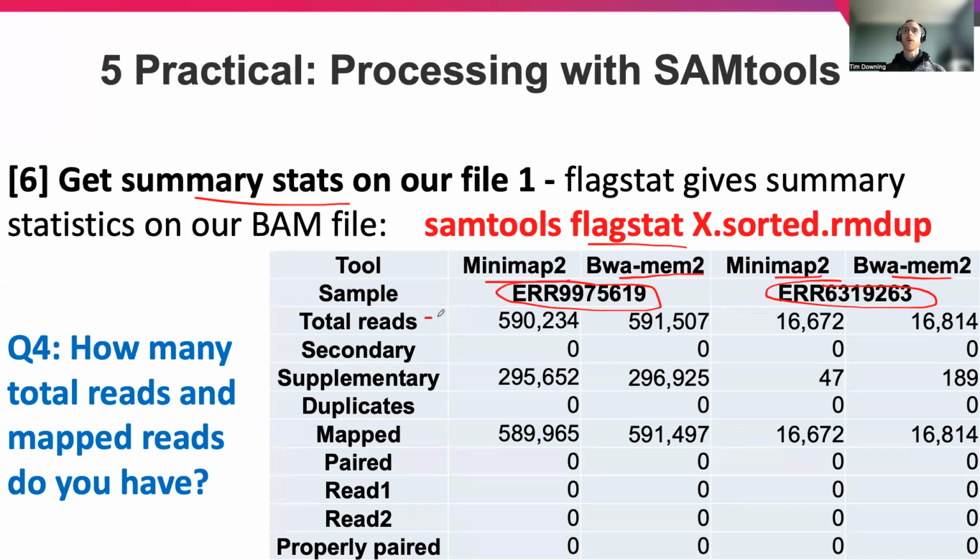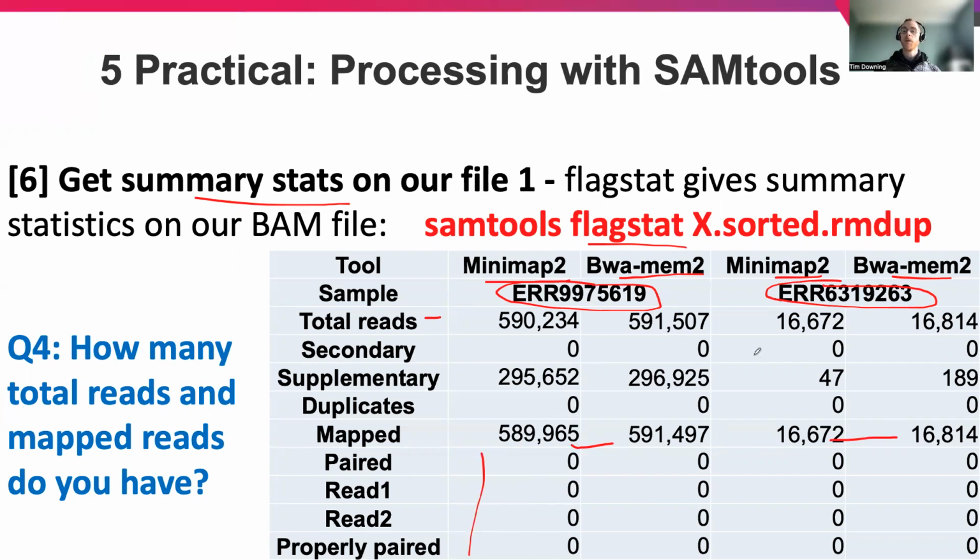We have the total number of reads, so you can see that they're different, and importantly, you see minimap2 and BWA-MEM have equivalent amounts, but not the exact same. The number of mapped reads, again, differs. That's slightly lower for minimap2. You can see there that there are very few that contain paired end information in this example.